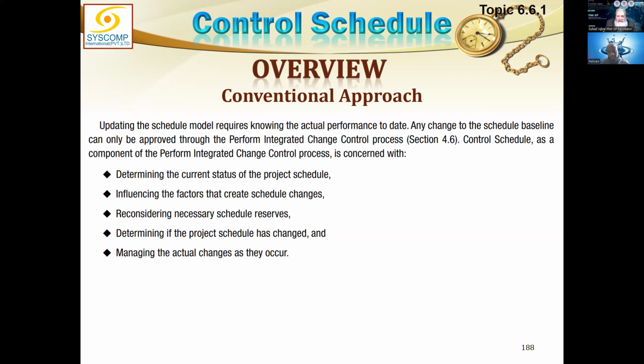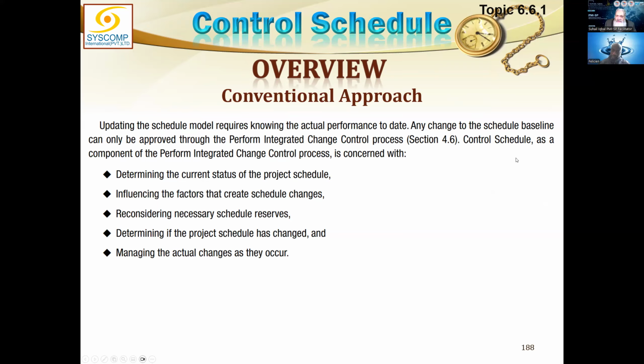Does it affect anything, schedule, scope, or cost? If it doesn't, we don't need a change. But if there is a considerable change which could impact our scope, time, or cost, our three baselines, in that case, we may have to move a change request, which can be approved through the perform integrated change control process.